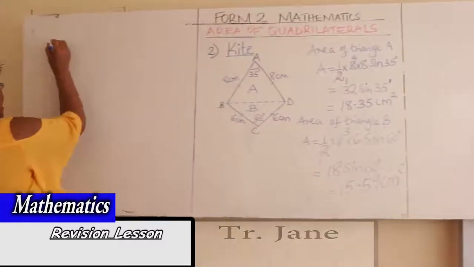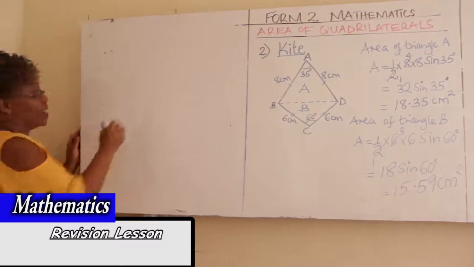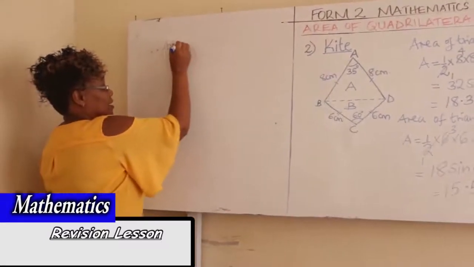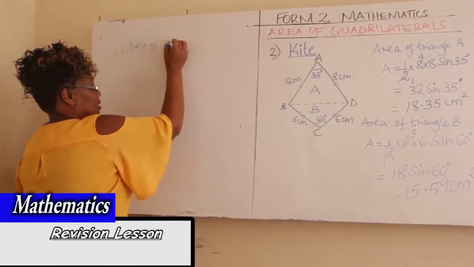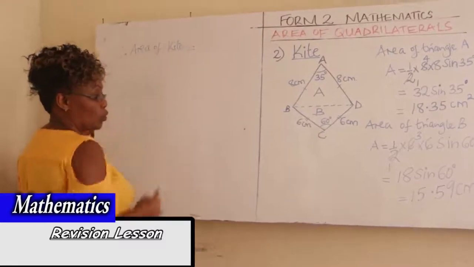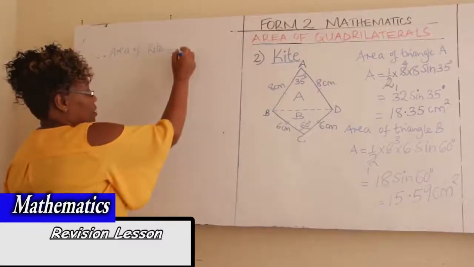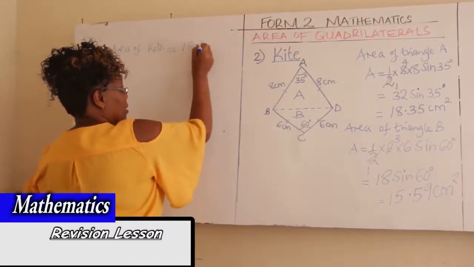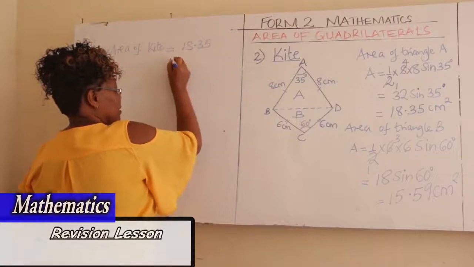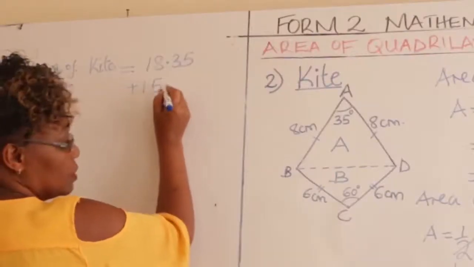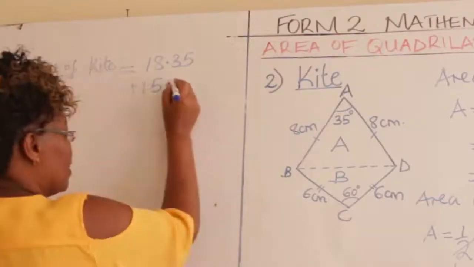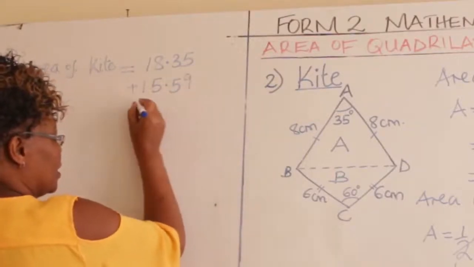After finding the area of those two triangles, you then add to get the area of the kite. Therefore, area of a kite will be equal to area of triangle A plus area of triangle B, 18.35 plus 15.59.